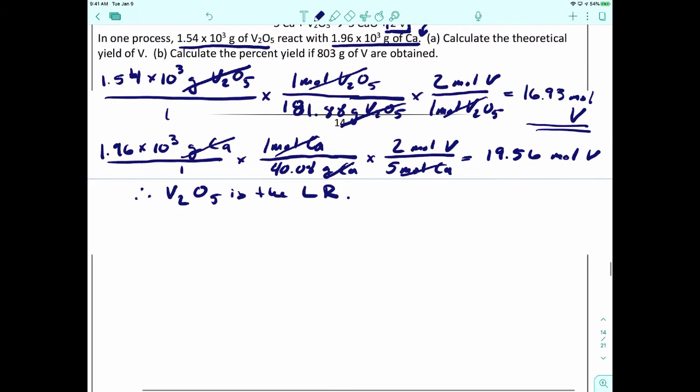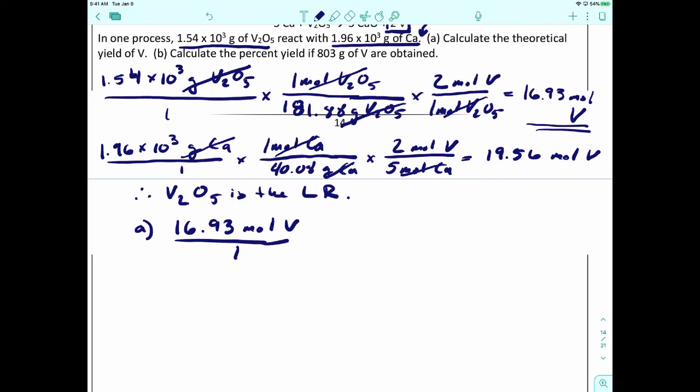All right, now that we answered that first question, the second question is, what is the theoretical yield of vanadium? Well, since we know that 16.93 moles was produced, we convert this from moles to grams. 1 mole of vanadium underneath, and that molar mass is 50.94 grams of vanadium. 16.93 times 50.94 should give us about 862.4.